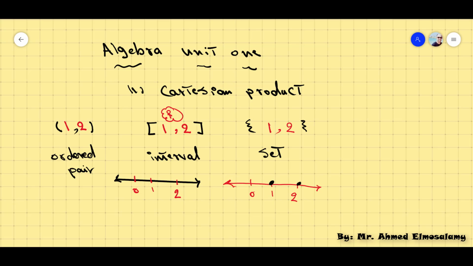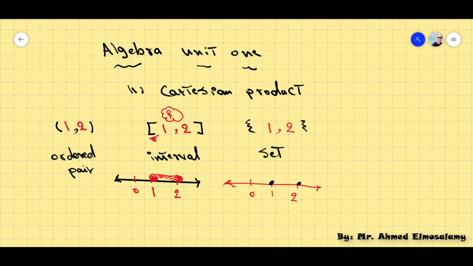So make a circle on 1 and a circle on 2. Is this bracket closed or open? Closed, very good. Close this circle and this one, join 1 and 2 and shade it. So the straight line, or the interval, is all the real numbers included between 1 and 2. But in the set, just 1 and 2.